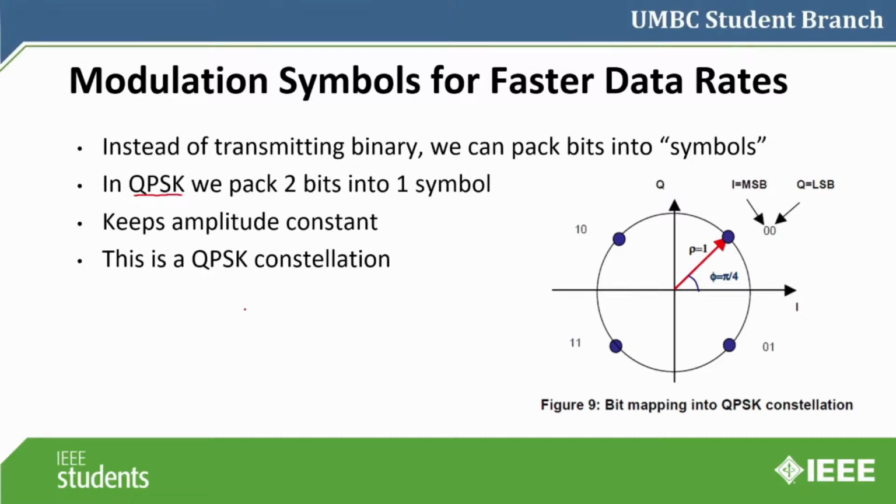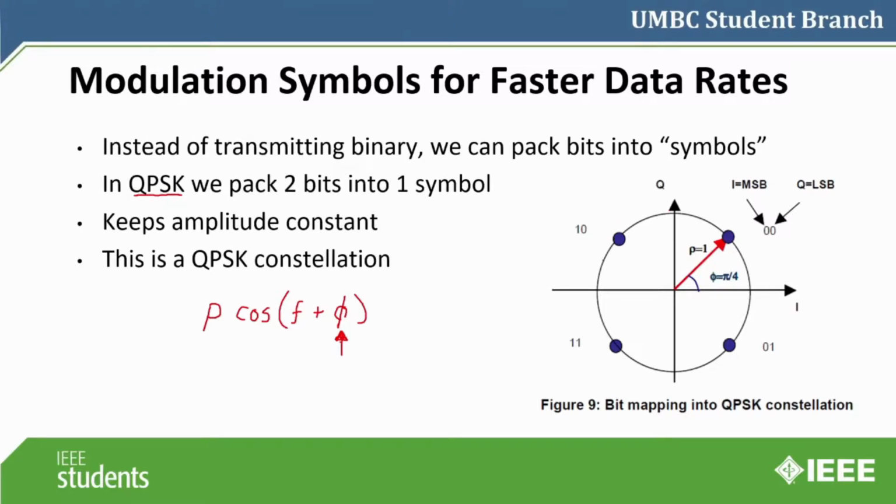So if you remember our cosine function that had some frequency plus a phase, we're now changing the phase of the wave. And what we represent here is that these are all on a unit circle, which means that the amplitude, which in this case is the P, is constant.